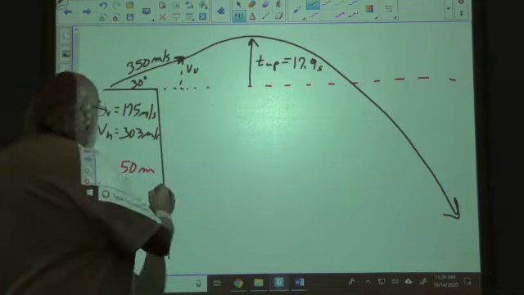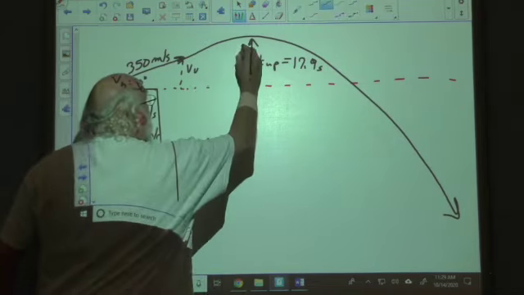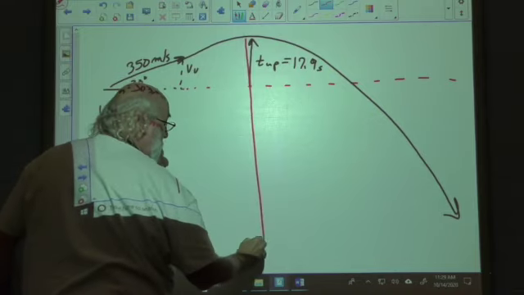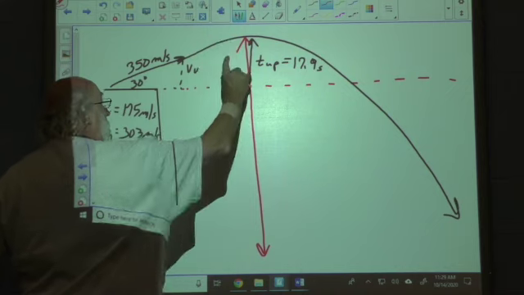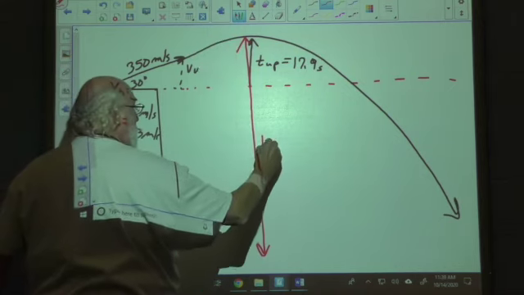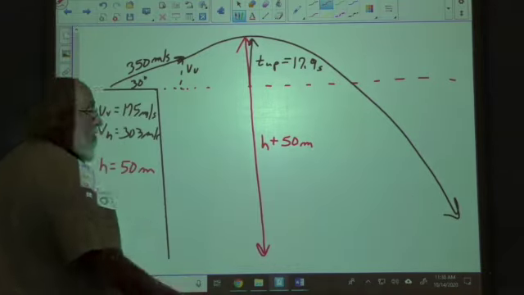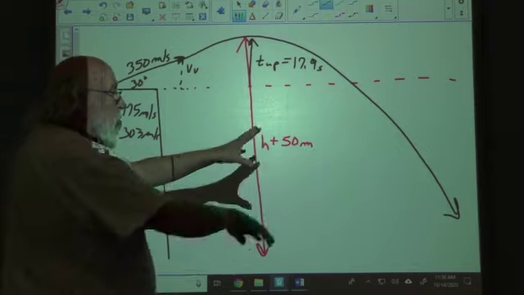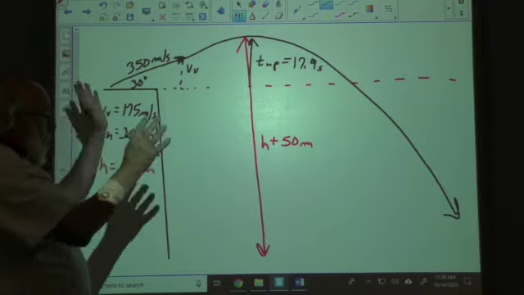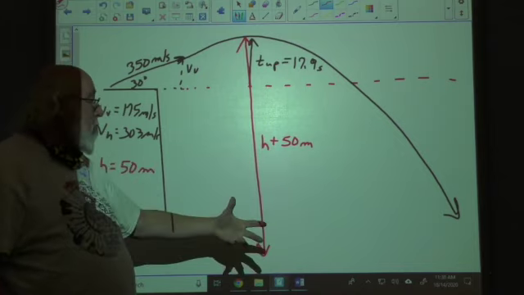And then, since this is 50 meters, the distance from here to here is going to be that height plus 50 meters. Now this is not drawn to scale, so this is not anything really exorbitant. But trust me when I say it's going to be different.